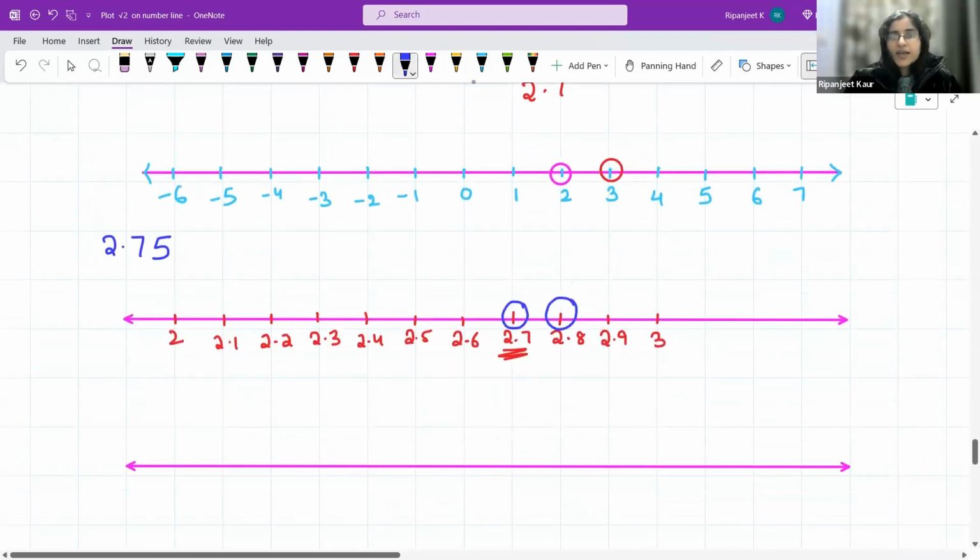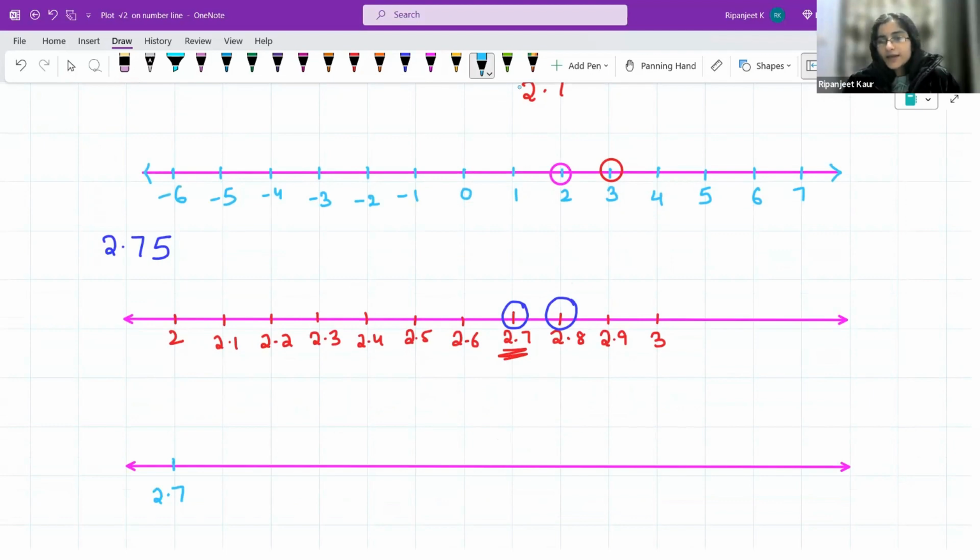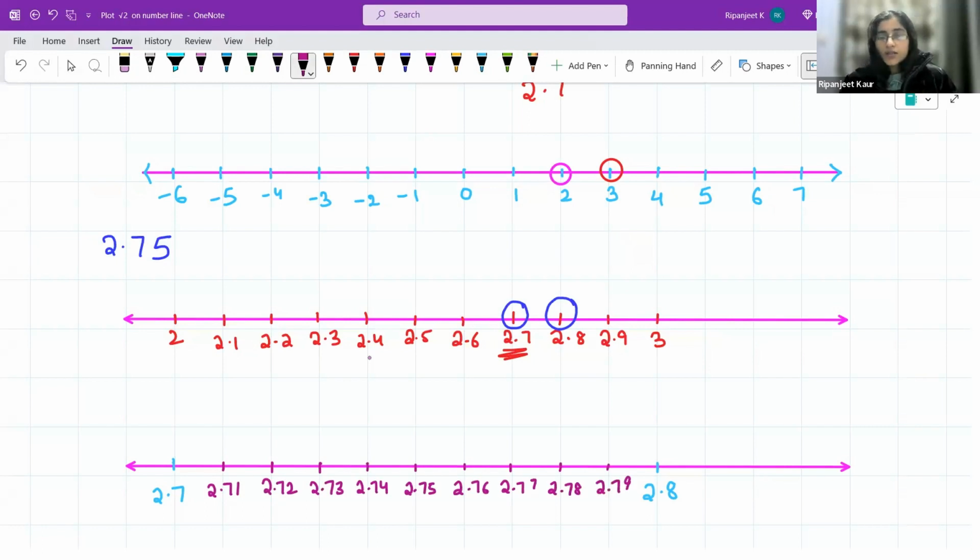Let us plot this as well. So we will start with 2.7 here, and at the end there will be 2.8. And in between, what is it going to be? Yes, in between there are going to be 2.71, 2.72, and so on. So these are all the numbers that will be between 2.7 and 2.8.